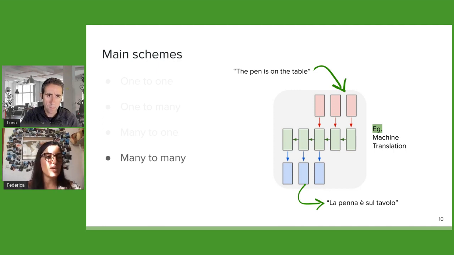In this case, we have a sentence in a language as input, and then as output, we want the same sentence, but in another language. And here is the difficulty, because when we have to classify an image, or we have to deal with the one-to-one scheme, we can use the classic feed-forward networks.